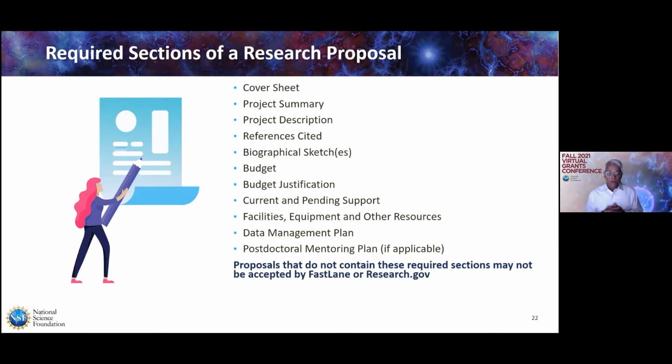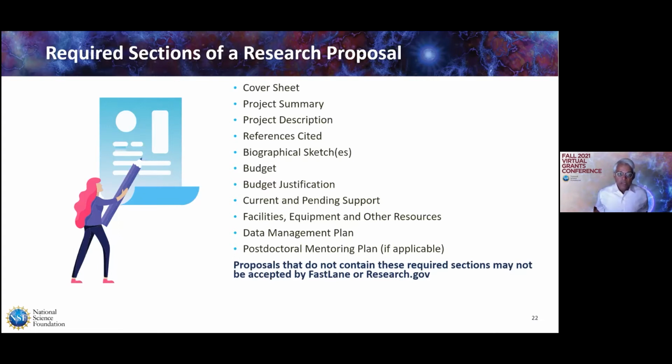So this here on this slide is the list of all the required sections of a research proposal that you submit to NSF. Every proposal requires a cover sheet, a project summary, and a project description, typically called the narrative.